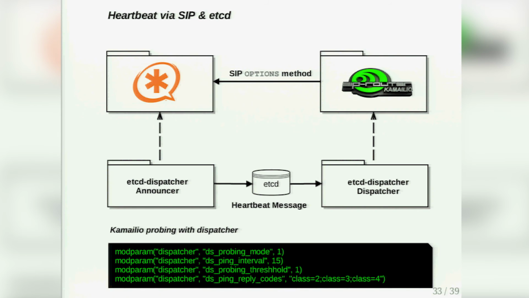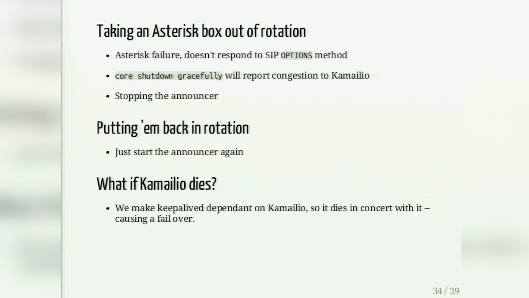So the different ways we would take an Asterisk box out of rotation is, number one, Asterisk fails and it doesn't respond to that OPTIONS method. That way we take it out of service, and we'll route advance to another Asterisk machine in the cluster. We can also say an Asterisk core shutdown gracefully and drain calls off of those systems.